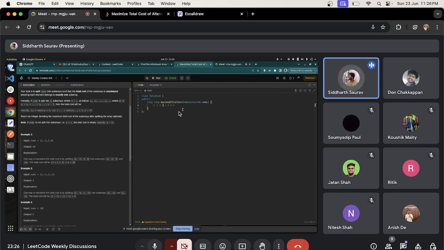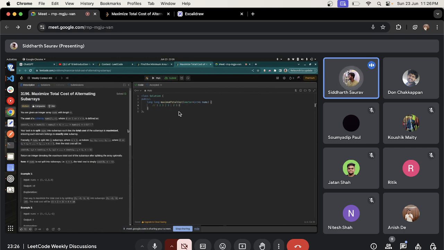Suppose I put one partition here, so this becomes one subarray. I put a second partition here, so this becomes our second subarray, and this becomes our third subarray. There is no limit on the number of partitions. We can partition into any number of subarrays we want. Here I have done three.